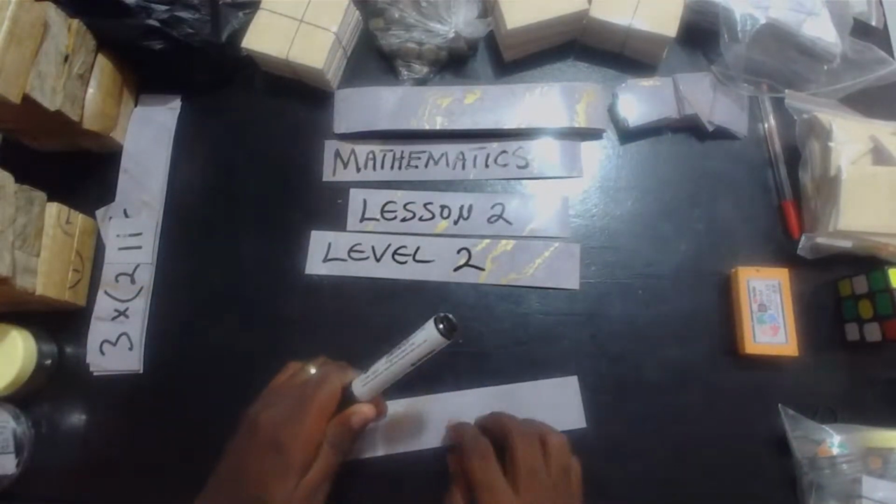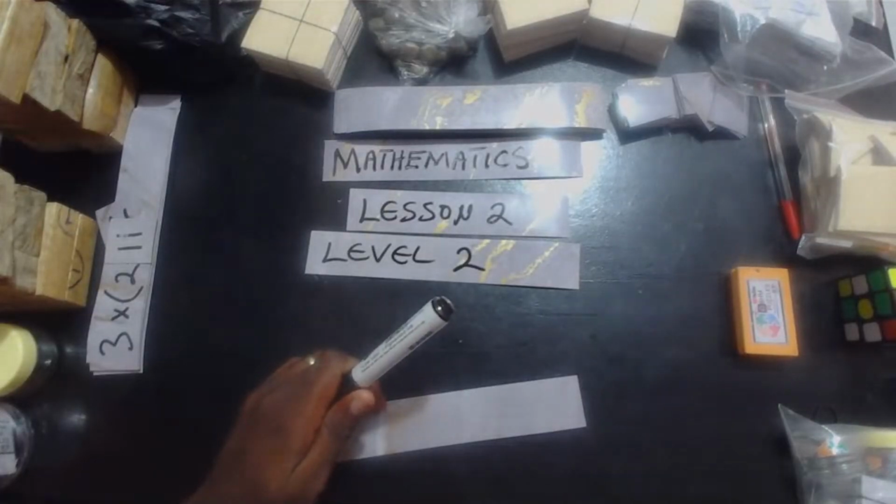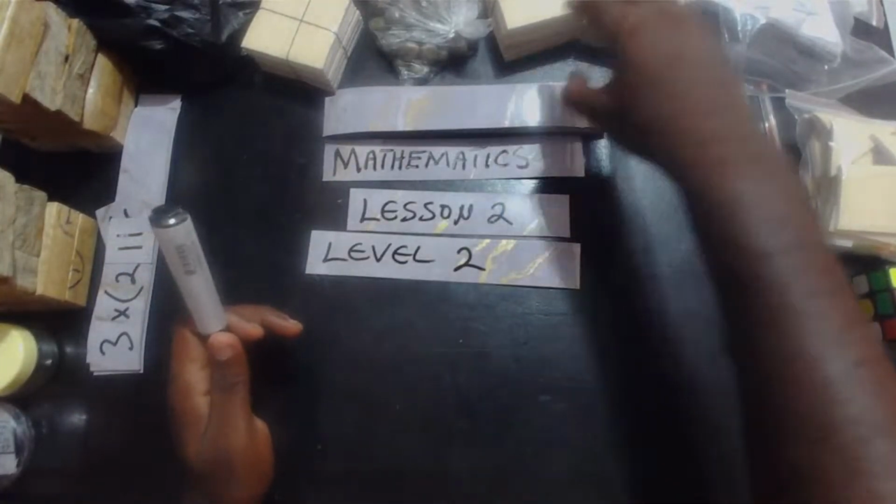In level 2, the question is simple. Use the associative property to regroup the following and solve. So what are the associates?